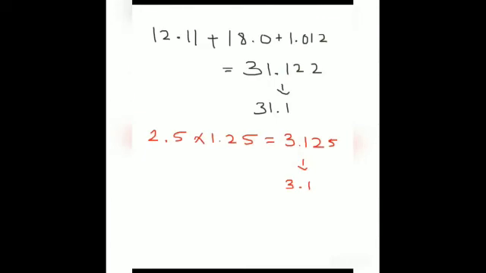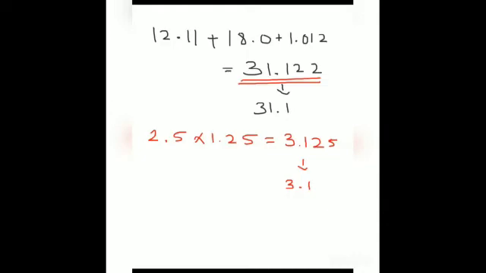Now, we will also see in the case of addition and multiplication how we have to keep the decimal point. Let us take an example. These numbers: 12.11, 18.0 and 1.012. If you add 12.11 plus 18.0 plus 1.012, you will get a sum of 31.122.